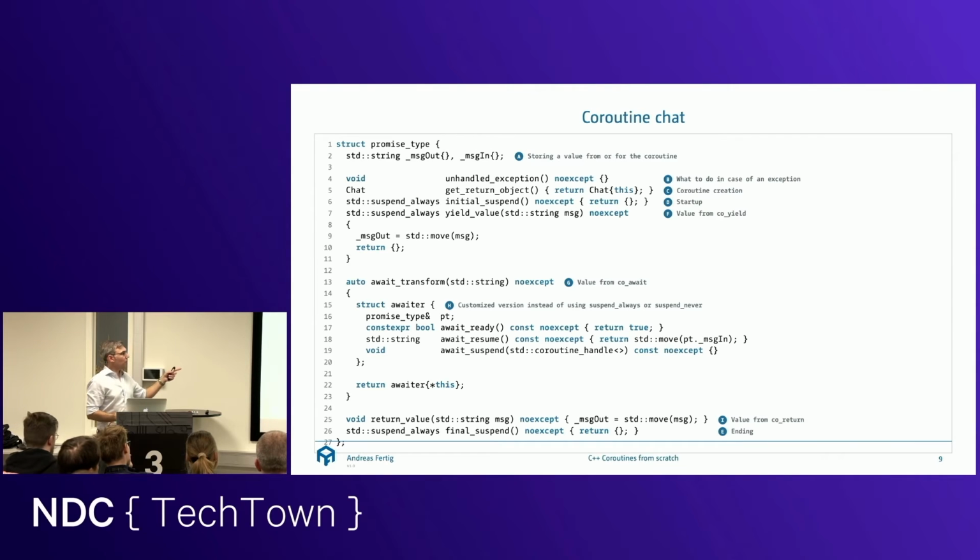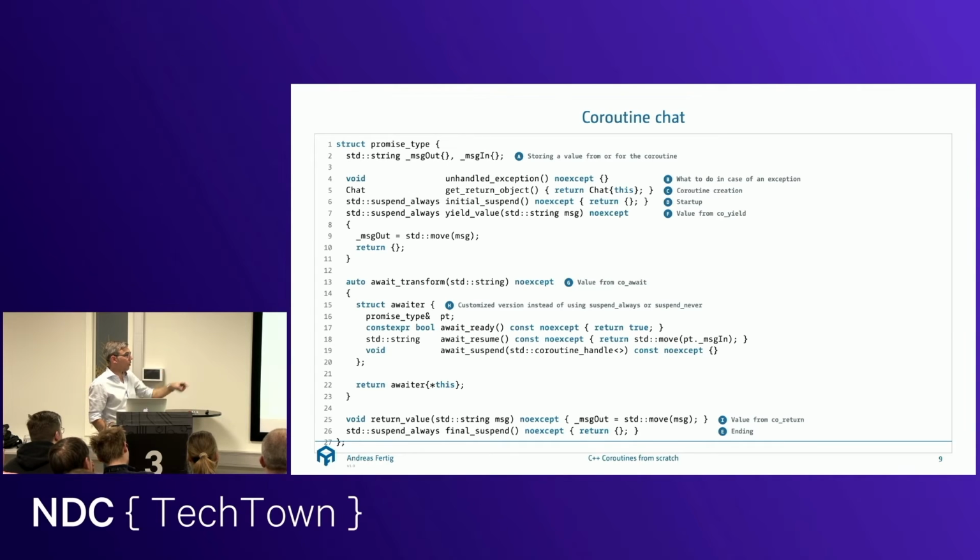Now inside await_transform, I do something that I picked up once I started working with coroutines. I declare this struct directly in await_transform. I call that one awaiter. And its purpose is that it implements the 3 functions: await_ready, await_resume, await_suspend. So this is what's behind suspend always. So this is my suspension configuration.